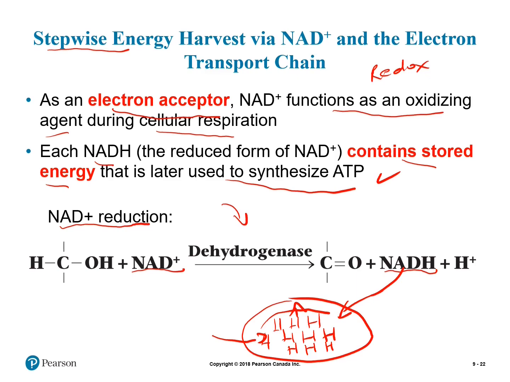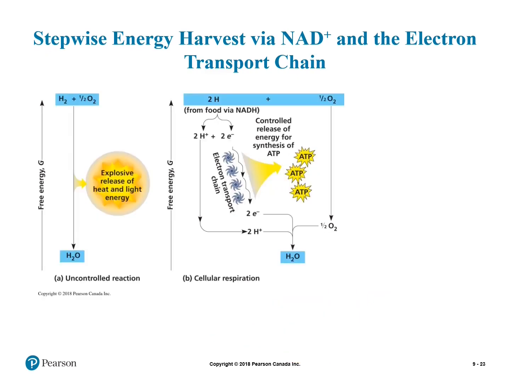So to summarize, I'm going to have a slide to summarize everything. Here I told you that there were two types of reactions. Both produce the same amount of free energy. However, in this case, most of the energy is lost because it's released as heat and light.